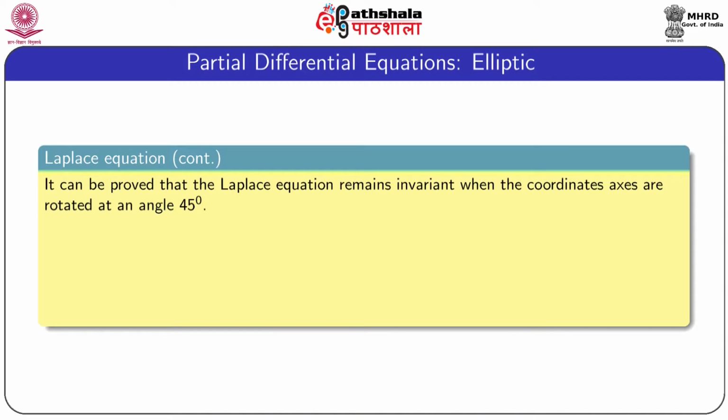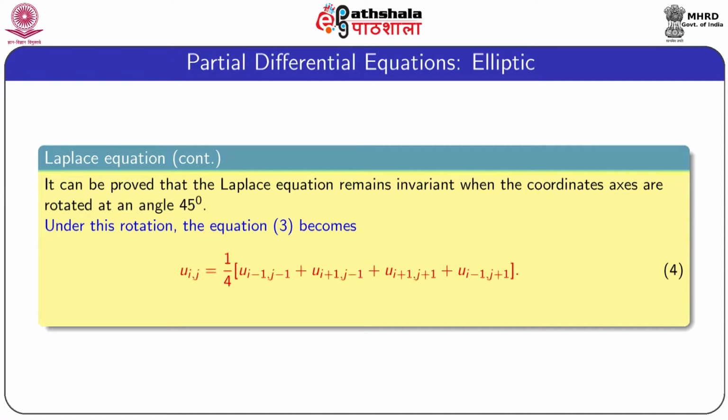It can be proved that the Laplace equation remains invariant when the coordinate axes are rotated by an angle of 45 degrees. So using this rotation, the previous equation is converted to the following equation as in equation 4.